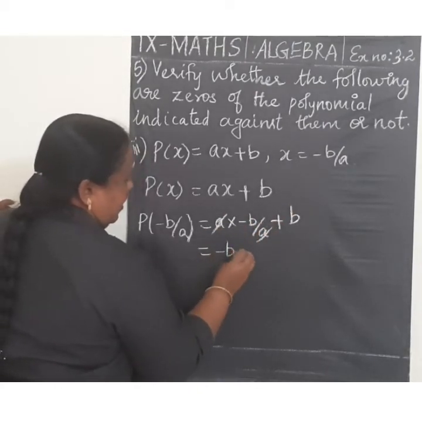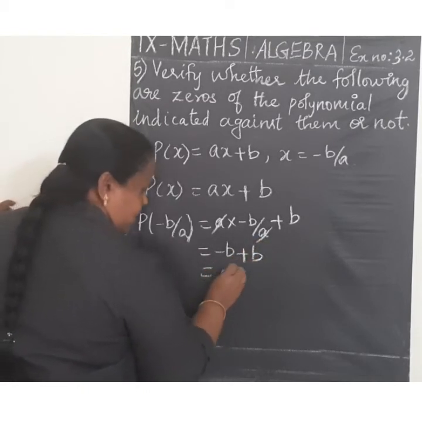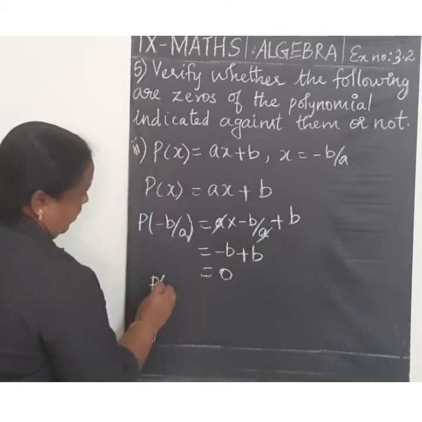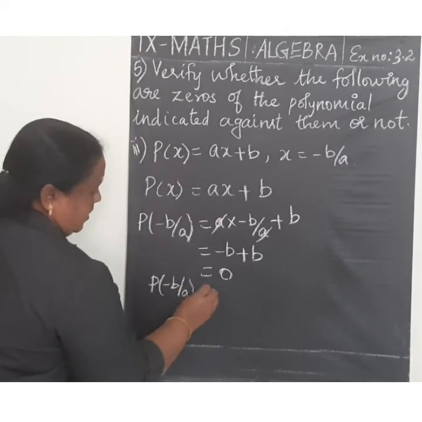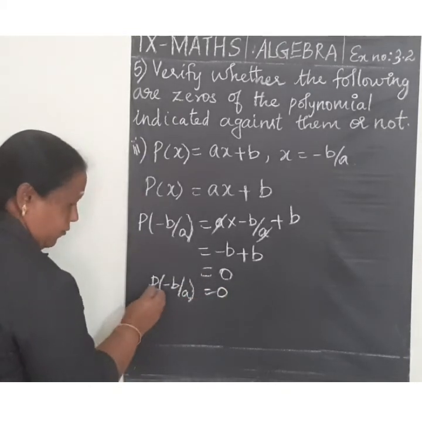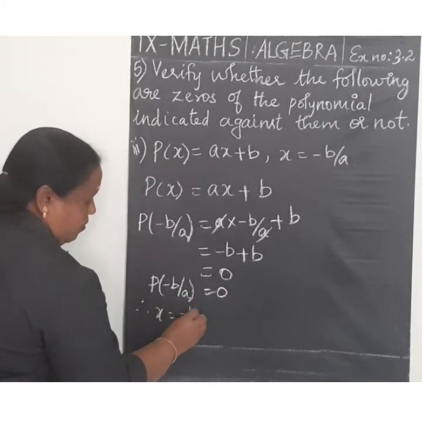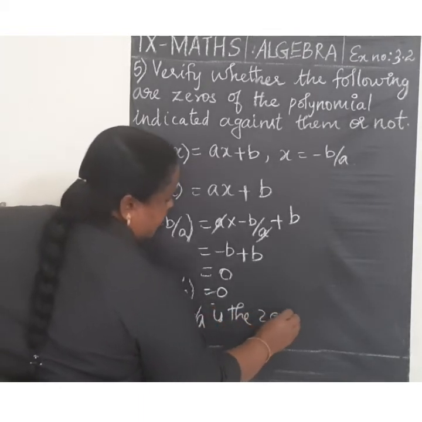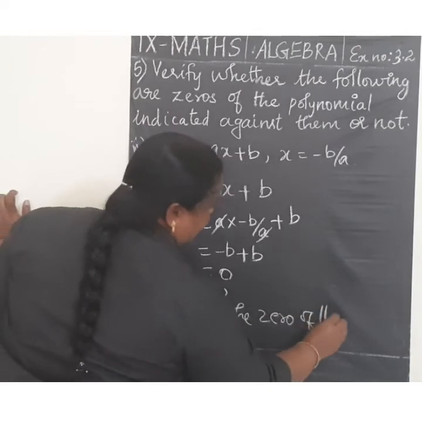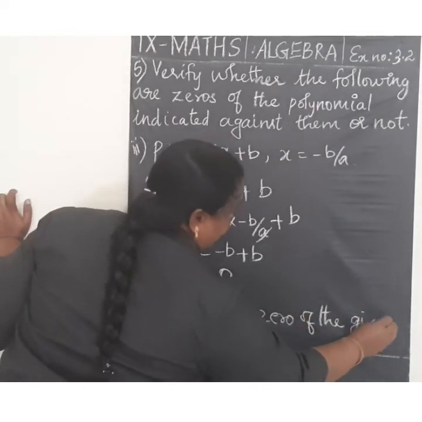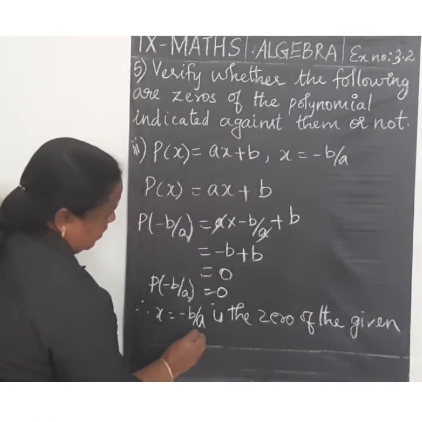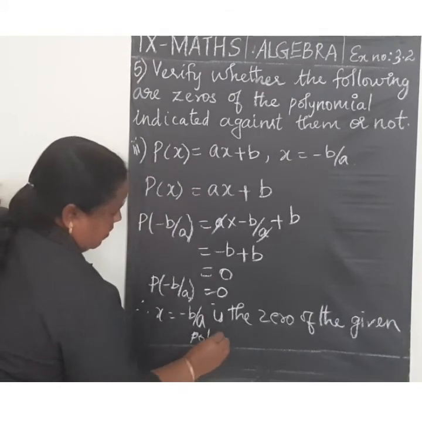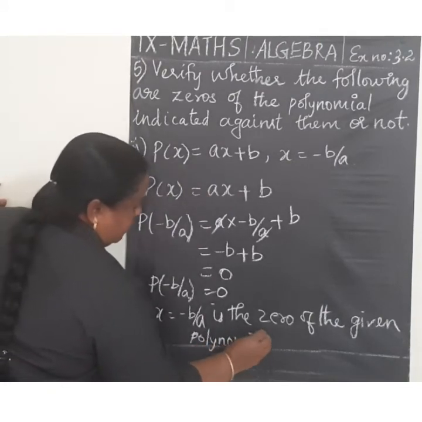So minus b plus b is equal to 0. So p of minus b by a is equal to 0. Therefore x is equal to minus b by a is the zero of the given polynomial.